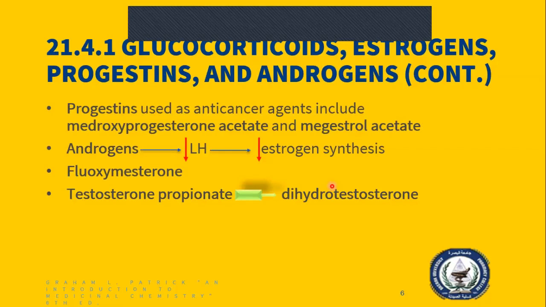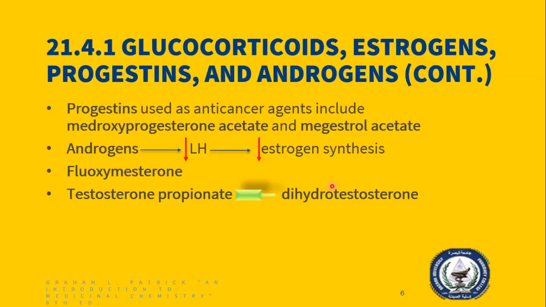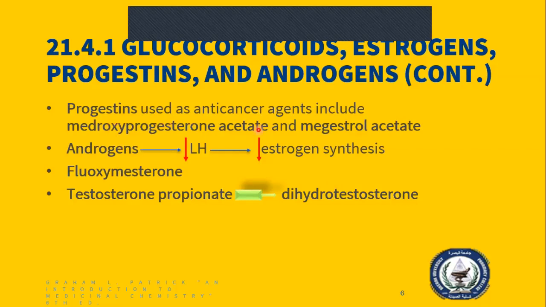Okay, other examples of hormones that have been used for cancer treatments are the progestins and the androgens. Okay, the progestins used as anti-cancer agents include hydroxyprogesterone acetate and megestrol acetate.